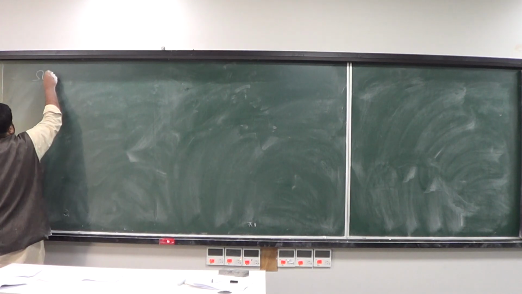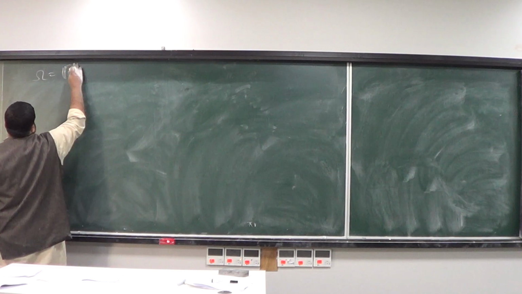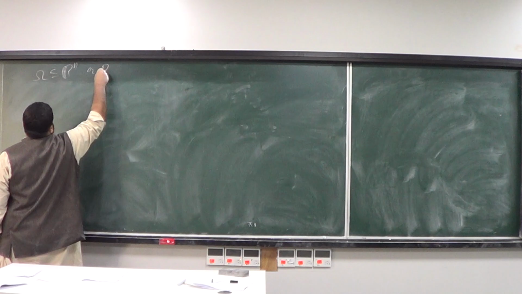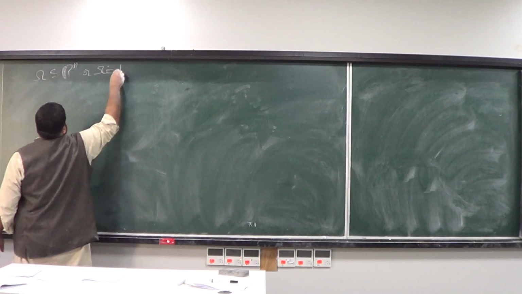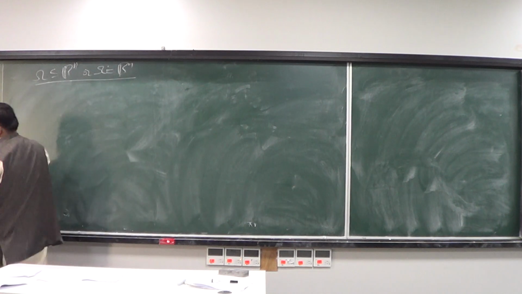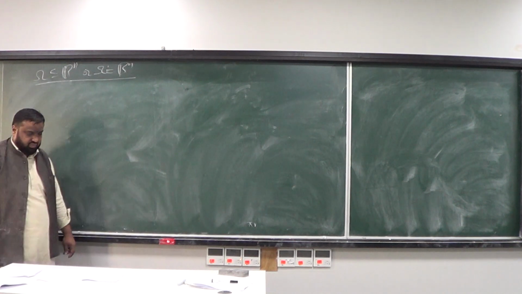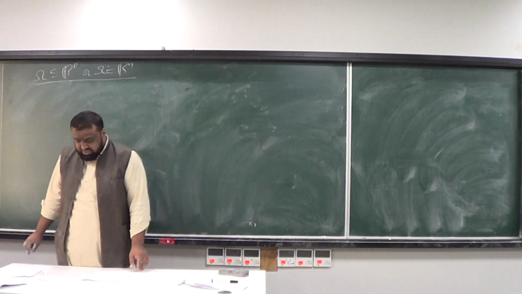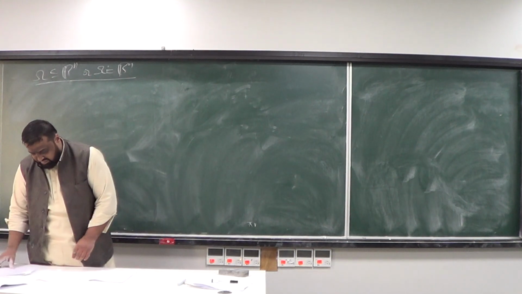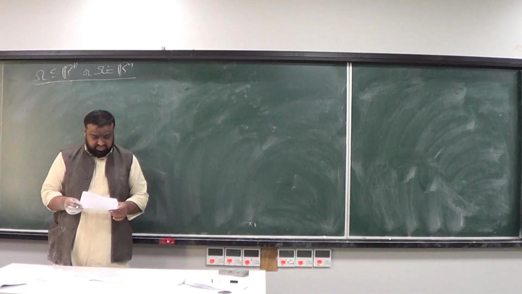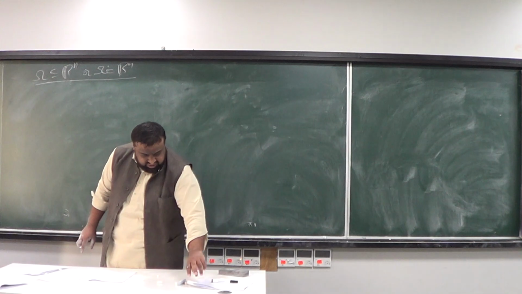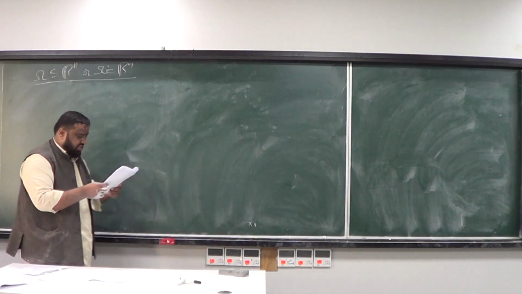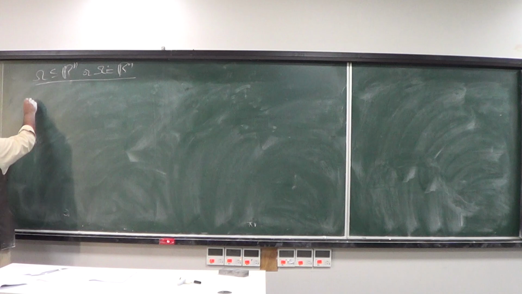So consider the case when omega is the full space Rn. In this case, what was our Navier-Stokes equation? Let's remind ourselves. Let me write it. So that goes like this.